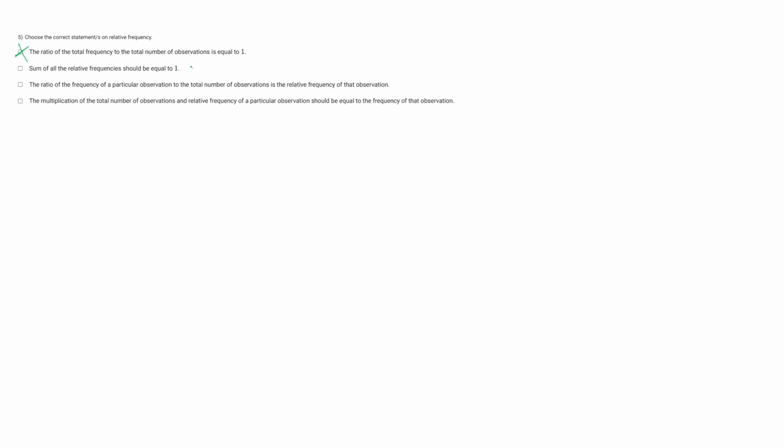It is not correct, as we have seen that all the values are between 0 to 1. So this is also a wrong statement.